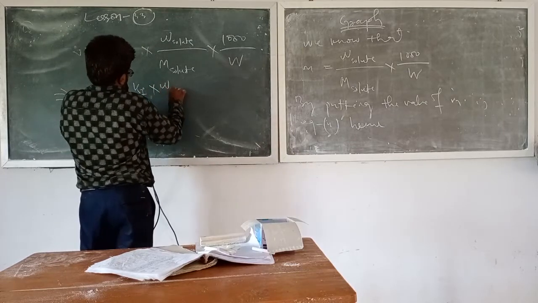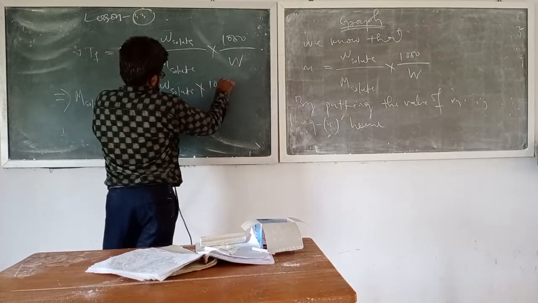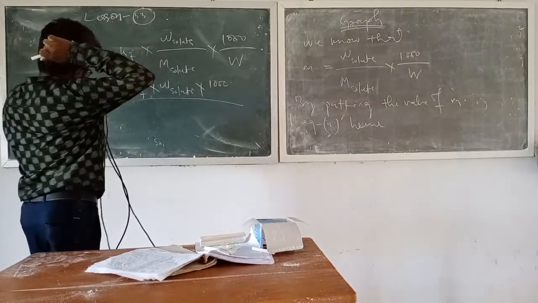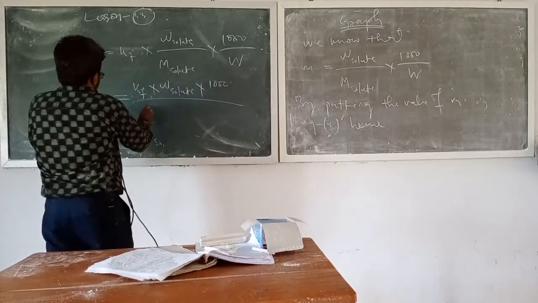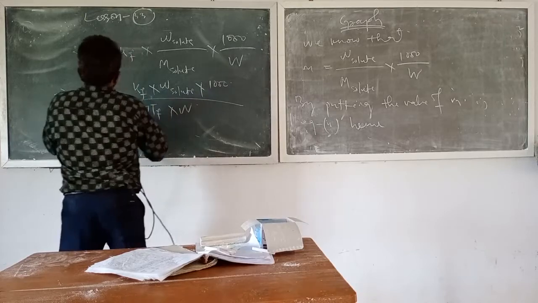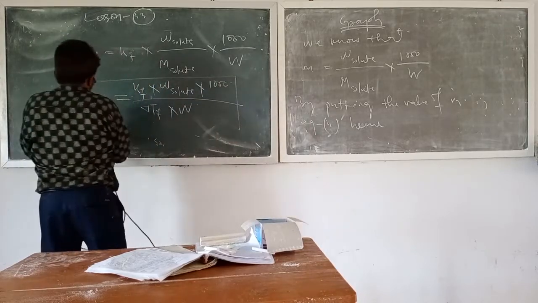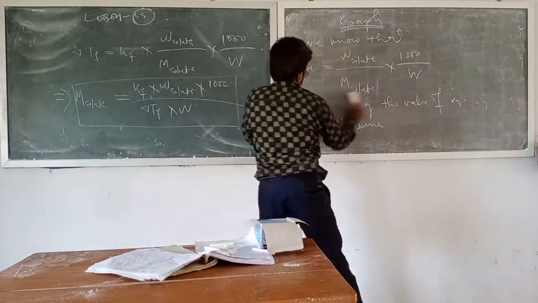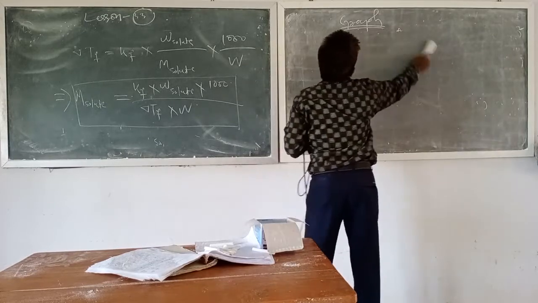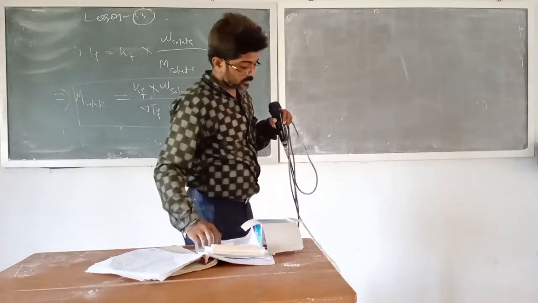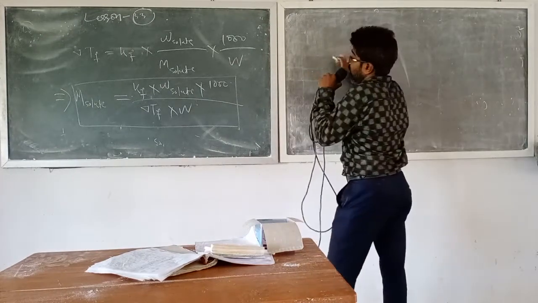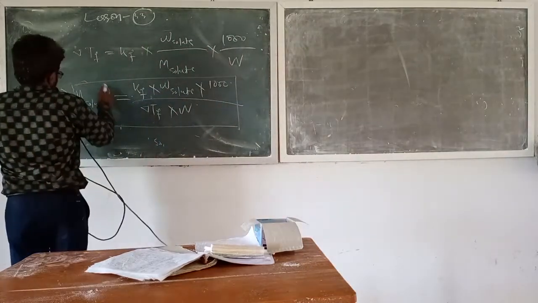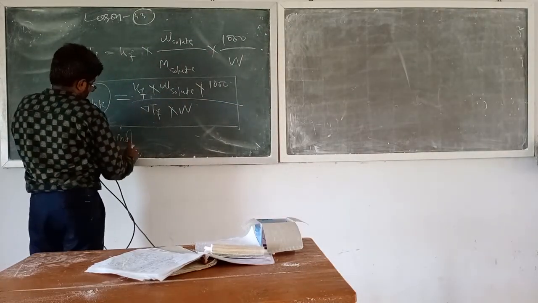Kf into W solute into 1000 divided by delta TF into W. This is your M solute, and you know that M solute is the molecular mass of the solute.